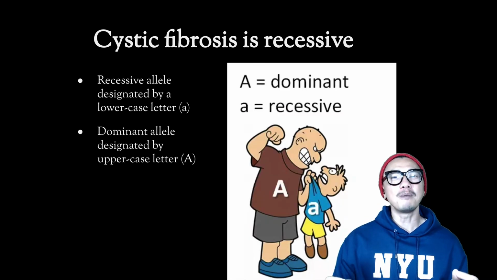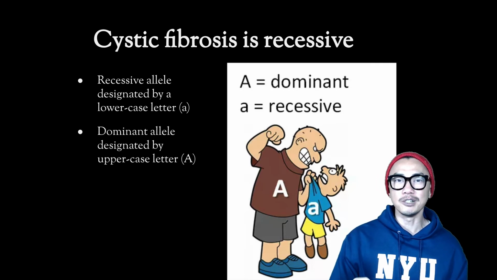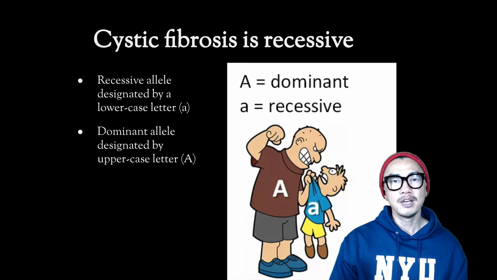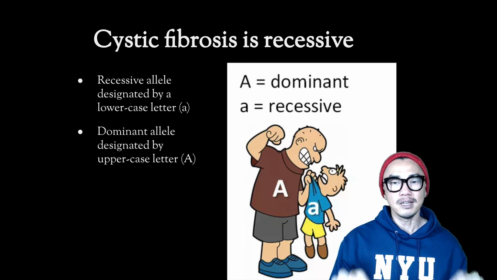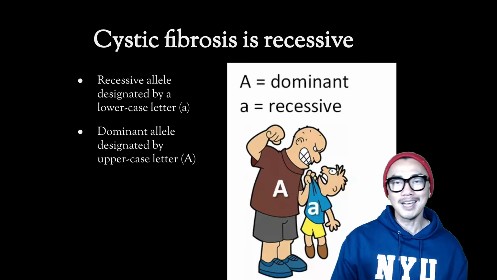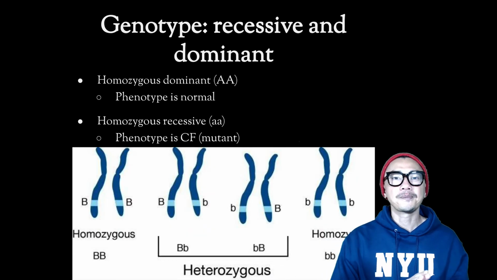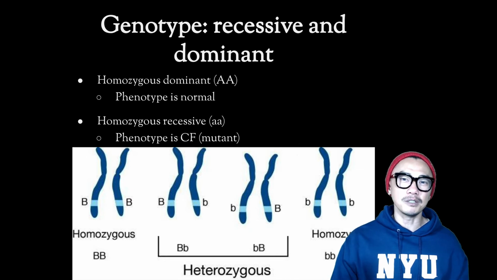When we work with dominant and recessive alleles, we normally represent the recessive allele with a lowercase letter. We represent the dominant allele with an uppercase letter. In this example, big A represents the dominant allele, and little a represents the recessive allele. If you had 2 copies of the normal CFTR allele, you'd be called homozygous dominant.